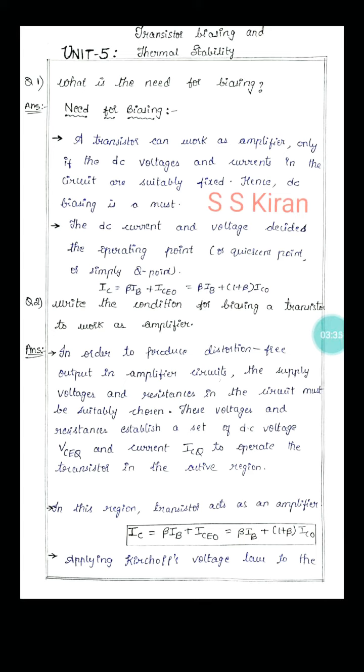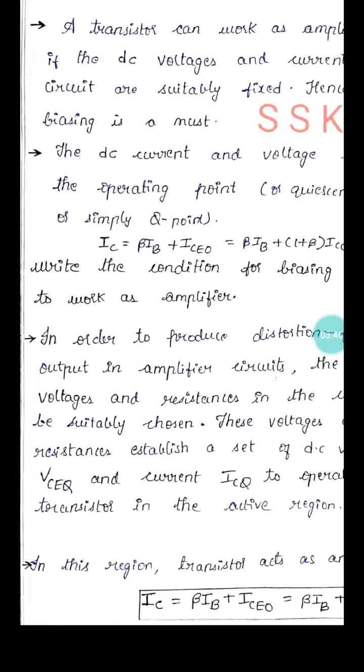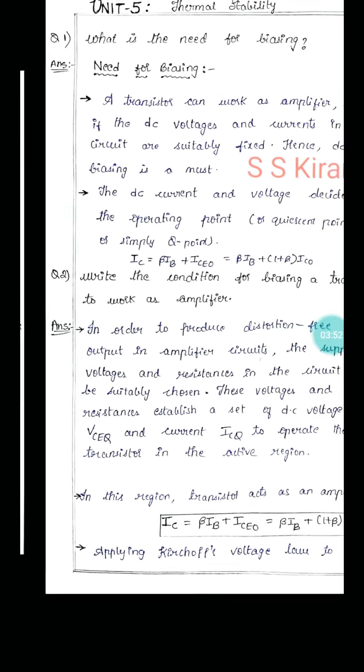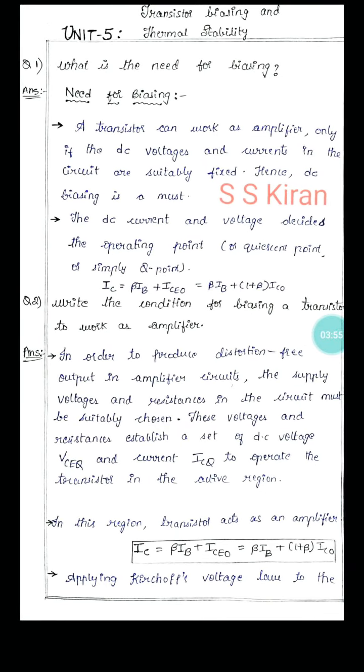Coming to the answer, in order to produce distortion free output in amplifier circuits, the two major parameters, the supply voltages and resistances, what are the two parameters? Supply voltages and resistance in the circuit must be suitably chosen. Okay, these voltages and resistance establish a set of DC voltage, that is VCEQ, and current ICEQ, to operate the transistor in the active region.